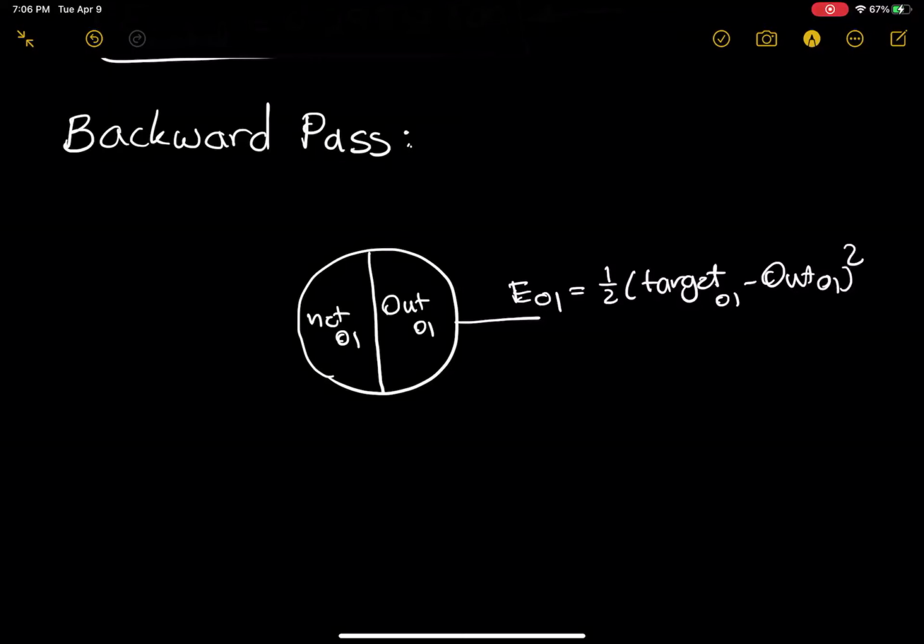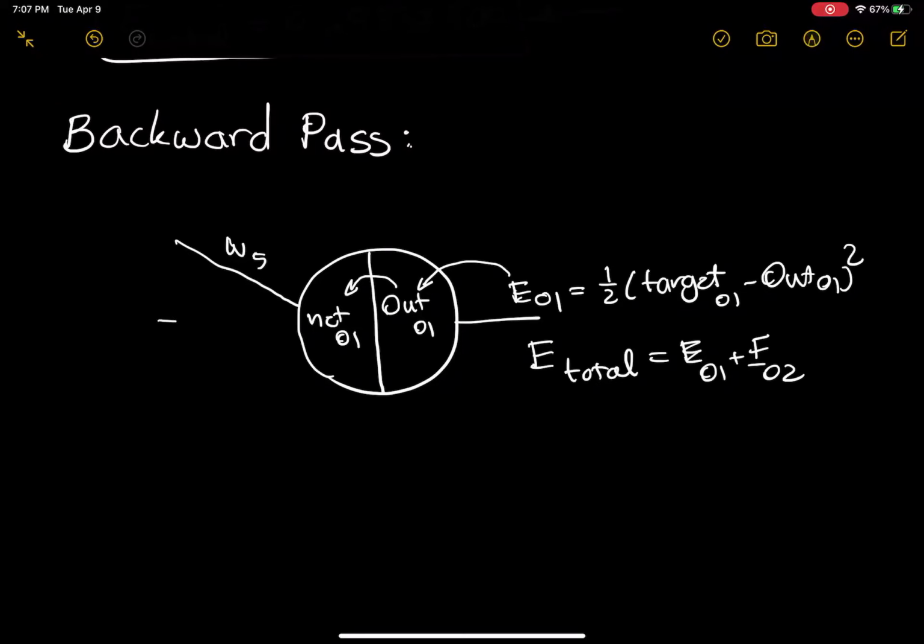And we know that E of total is equal to E of O1 plus E of O2. Now, E of O1 is going to contribute to this. In this node, weight W5 would go here, weight W6 would go there, and also the bias 2 would go there, right?